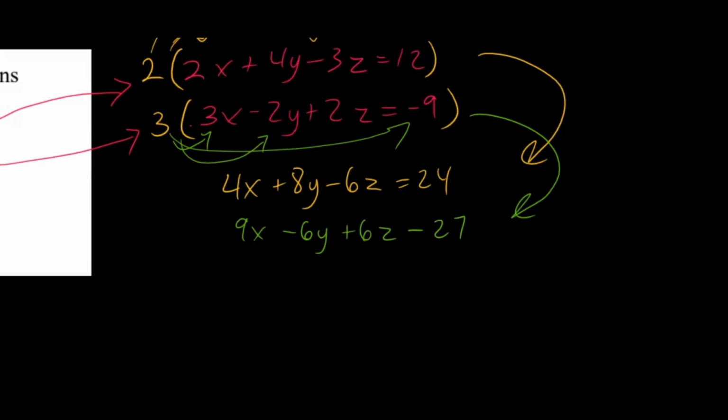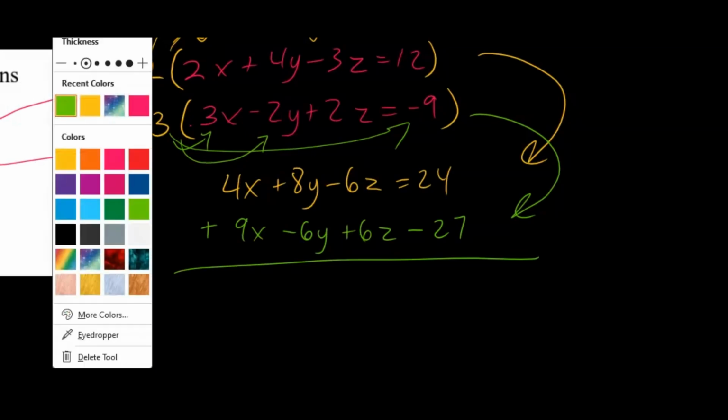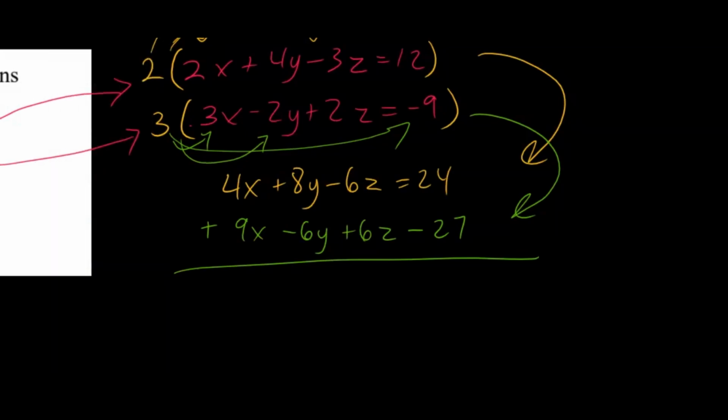All right, now we can use the elimination method. So how do I cancel out the z's? Well, I would need to just add, because if I add 6z to negative 6z, that is equivalent to 0. And I'll switch colors here just to make it easier to read. So this becomes 0 plus, so 4x plus 9x is just 13x.